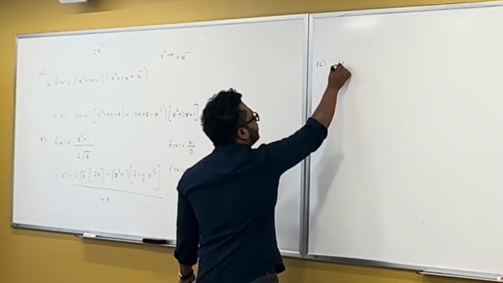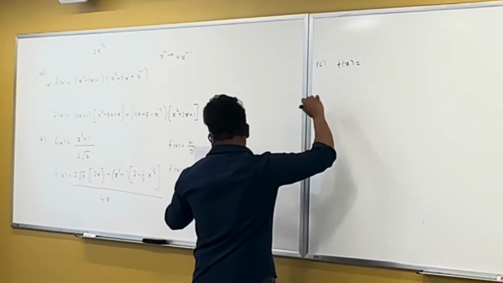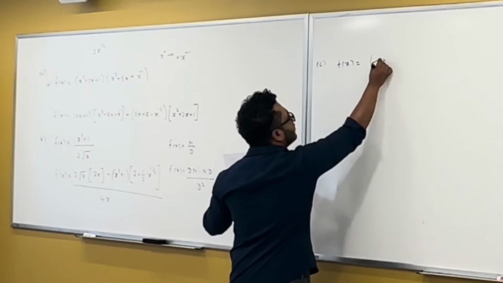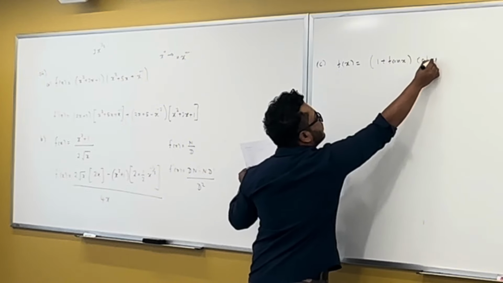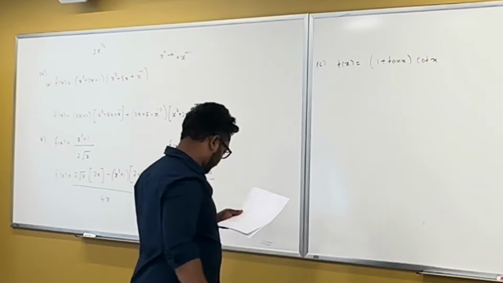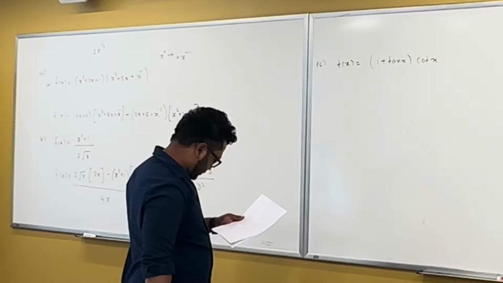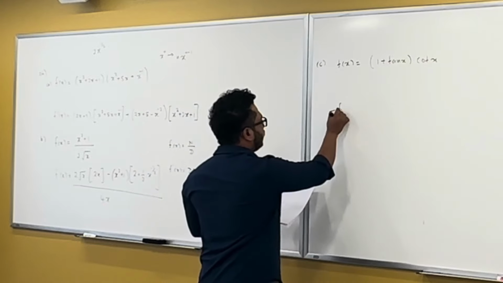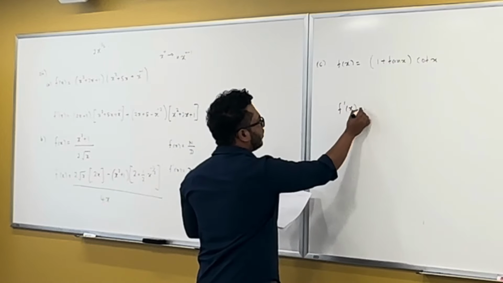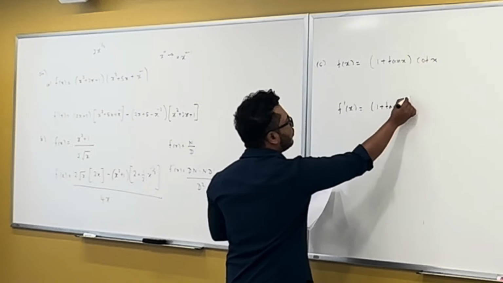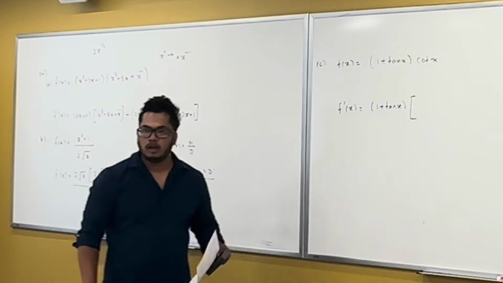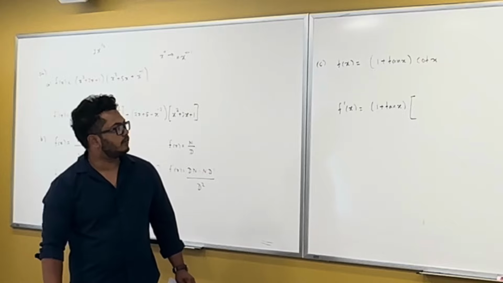The function here is 1 plus tan x times cotangent x. Okay, for the derivative, you can use the product rule. The first one you keep as it is, and take the derivative of cotangent. What is the derivative of cotangent?